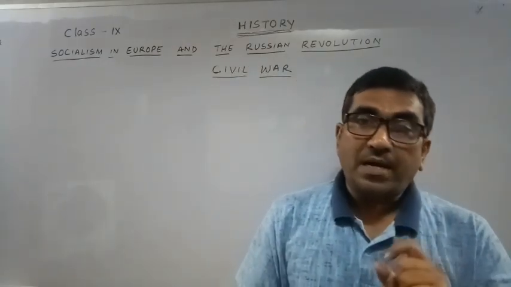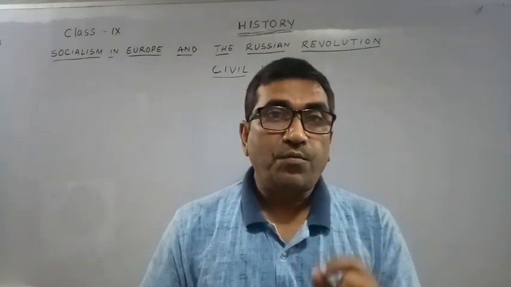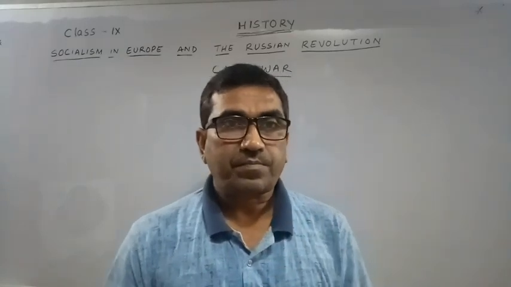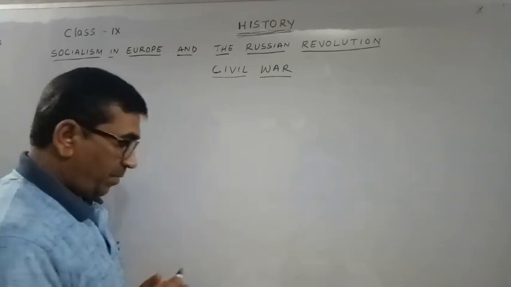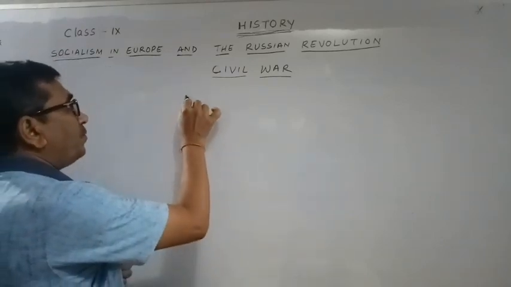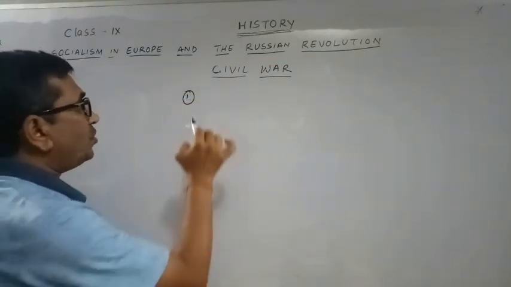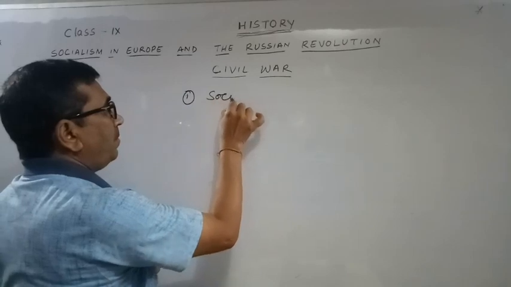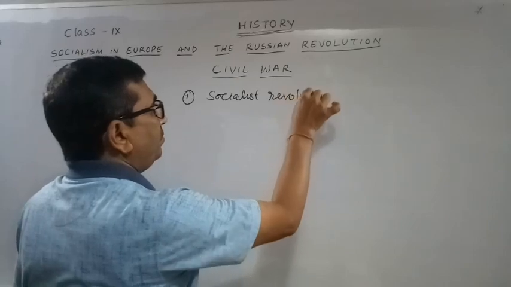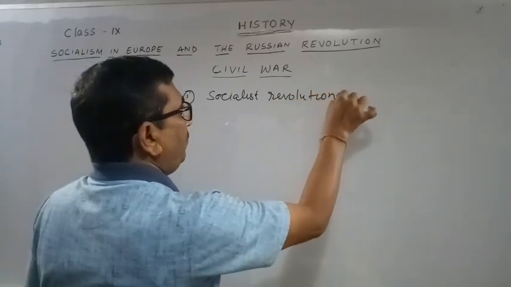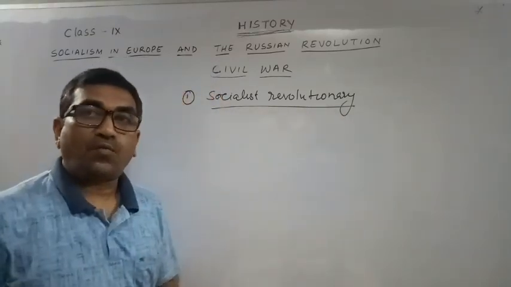Now we will analyze who were the enemies of Lenin and why, before we enter the civil war. First, if we see internally, the socialist revolutionaries became the enemy of Lenin.